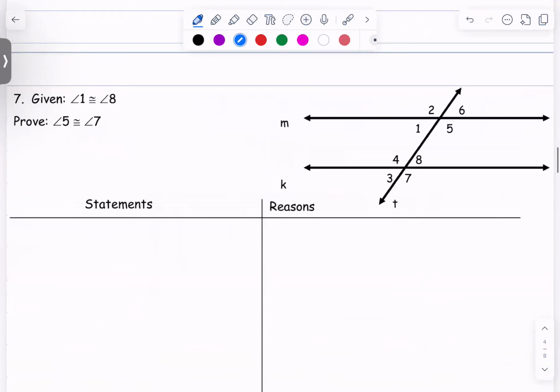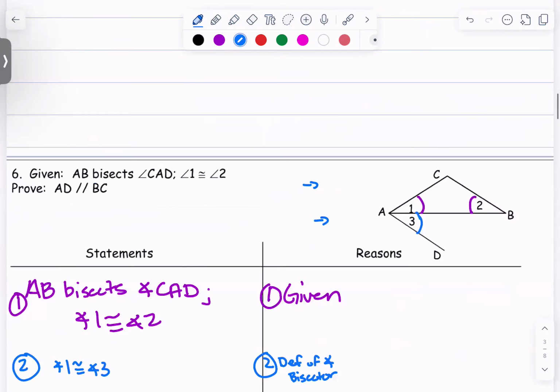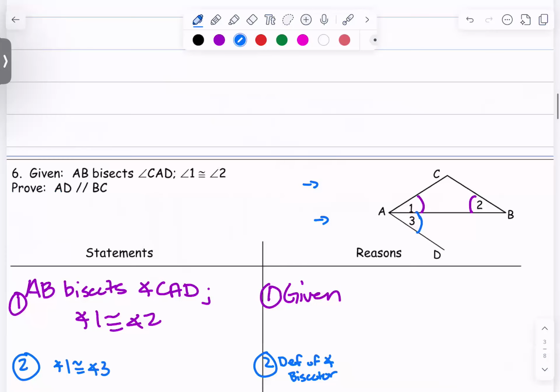Next one. AD and BC, because that's my proof statement.